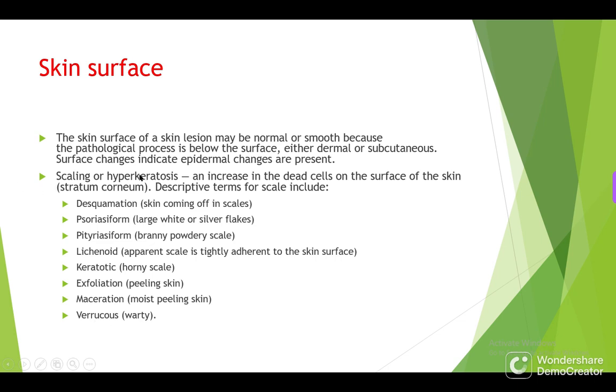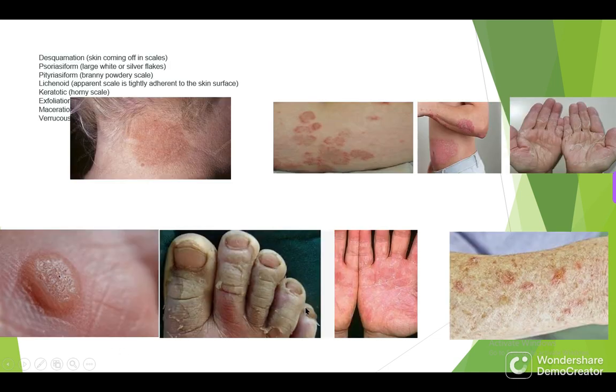The scales, or hyperkeratosis, are described in this fashion. As the pictures show: psoriasiform type of lesions, and pityriasiform, that is the fine powder type of scale, lichenoid type of scales, keratotic, horny skin just like this, and this is keratotic, and the exfoliation type.